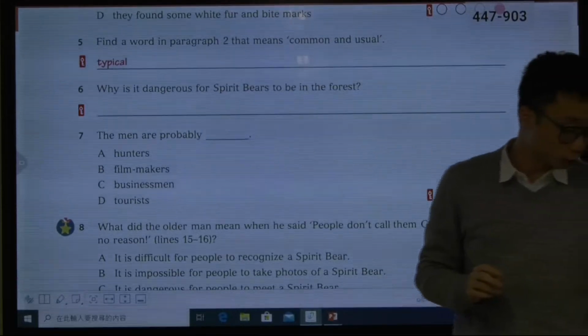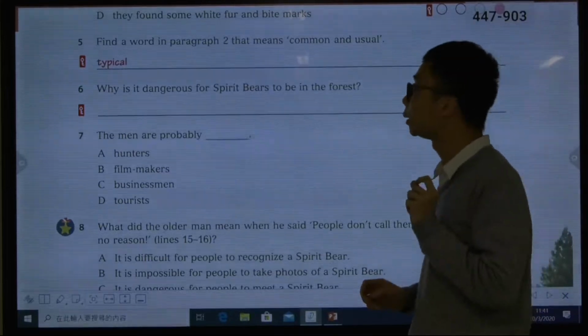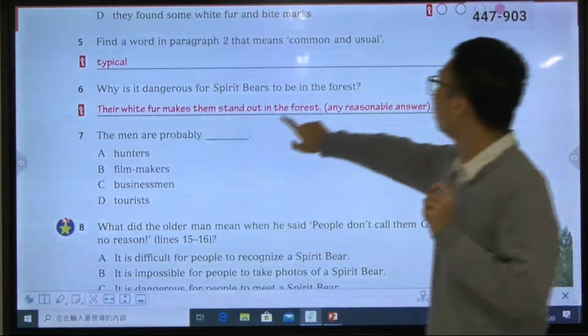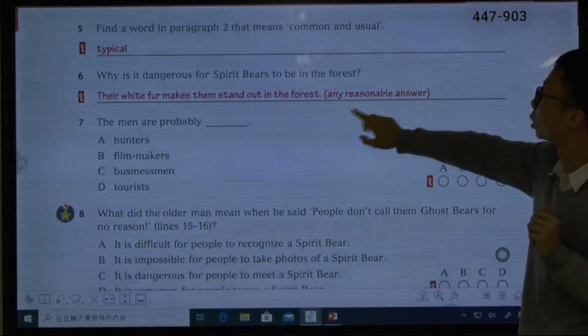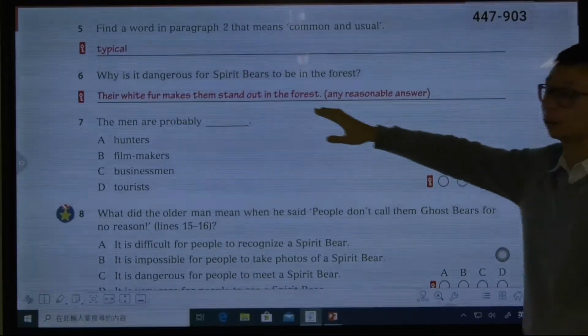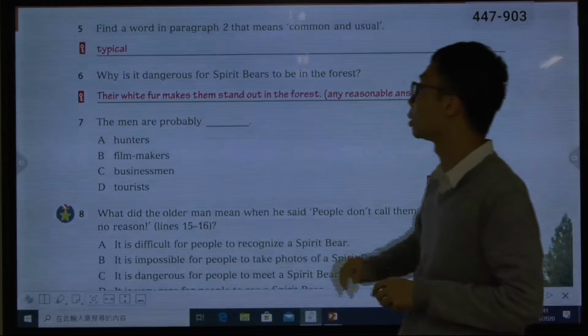It said it's dangerous for us to be in the forest because we stand out. This gives you a really clear answer, and it is basically the only answer that this book provides you with.